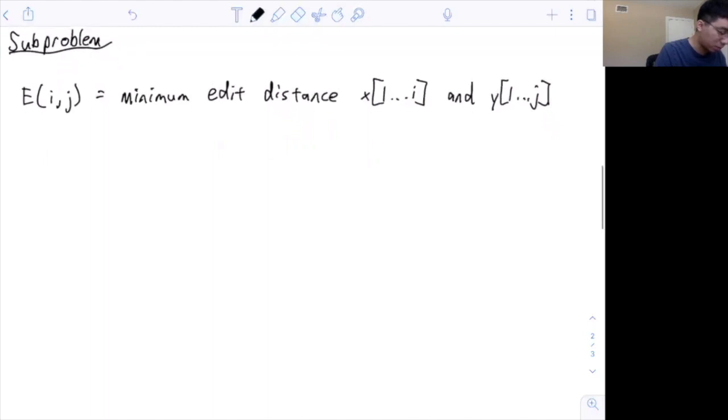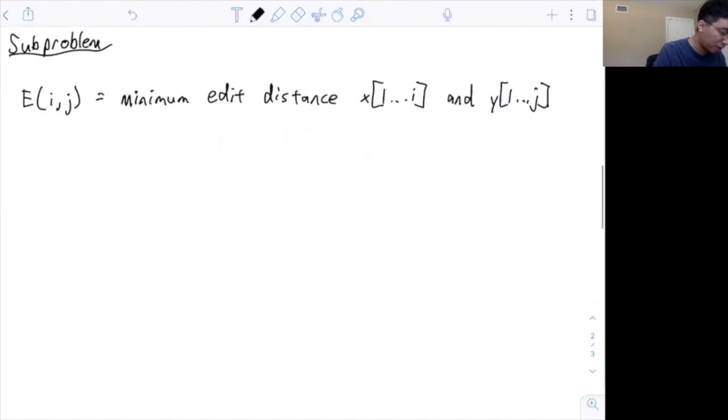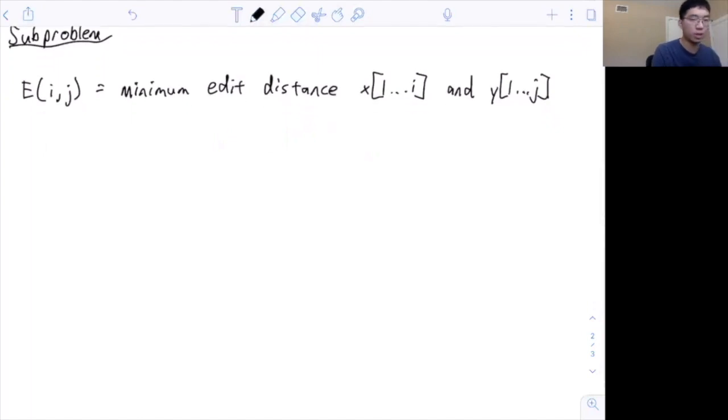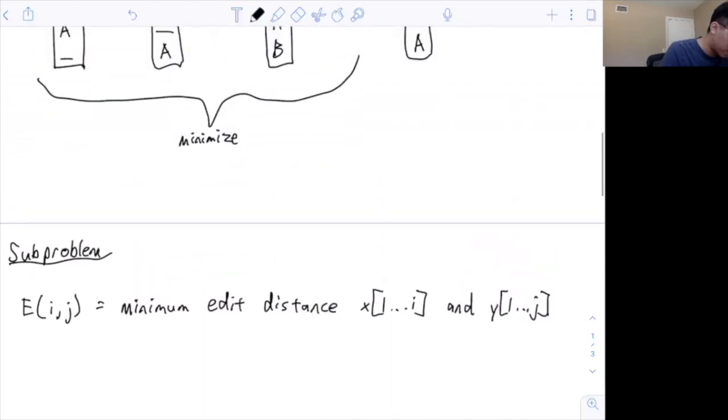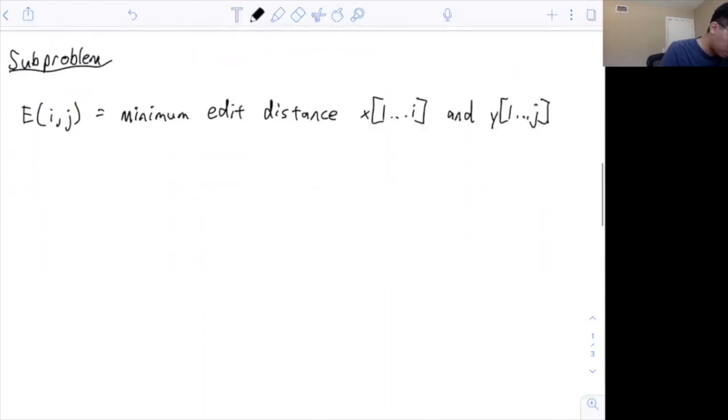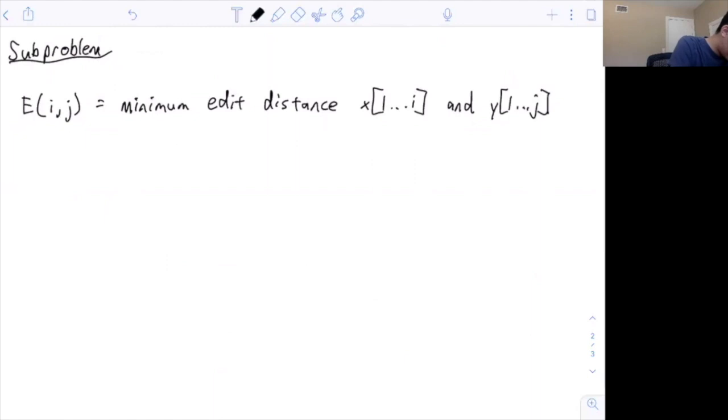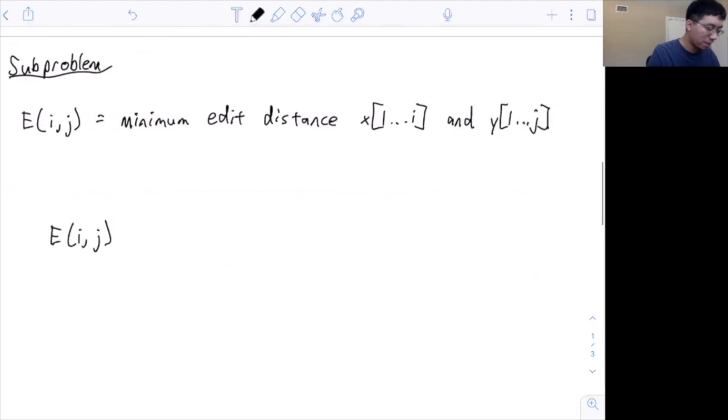Now we need to figure out how we can define a recurrence relation. Remember, in dynamic programming, we always want to try to find a recurrence relation. So let's say we had a subproblem i, j: the first i characters of x and the first j characters of y.